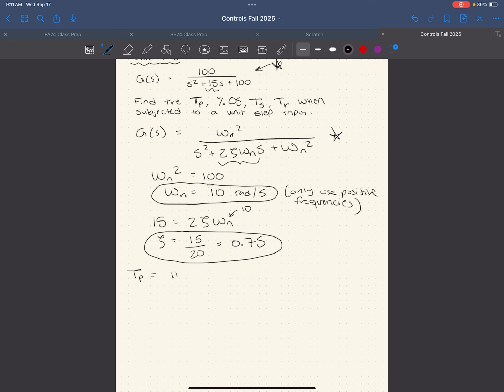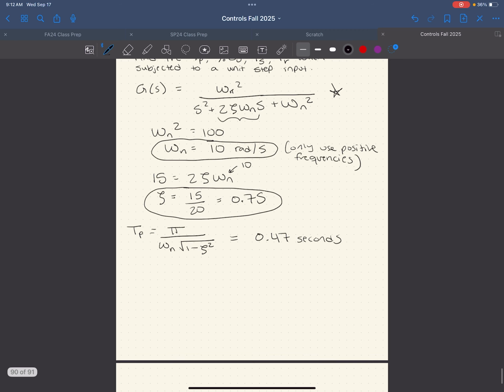So I'm going to go pretty fast here. The peak time equation was this one here. If you plug and chug, you should get 0.47 seconds. My percent overshoot equation was e to the minus zeta pi over square root of 1 minus zeta squared, quantity times 100.